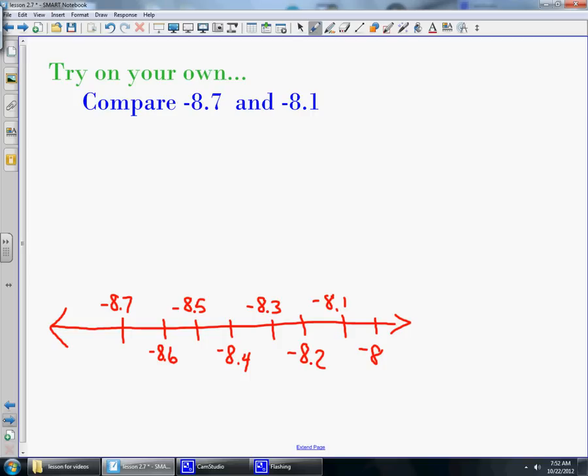If we were to graph those, here's negative 8.7 and here's negative 8.1. So negative 8.7 is going to be less than negative 8.1, because it's farther left on the number line.